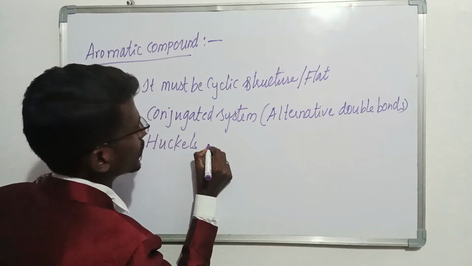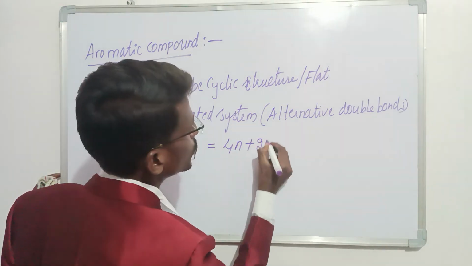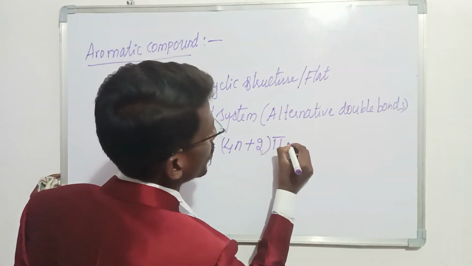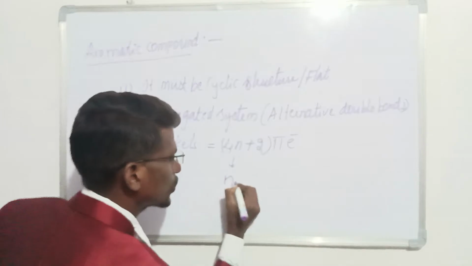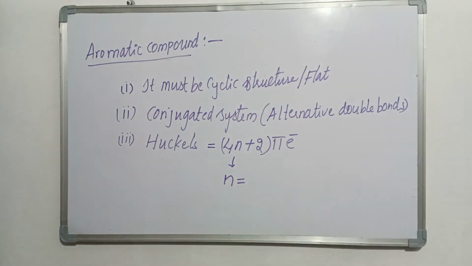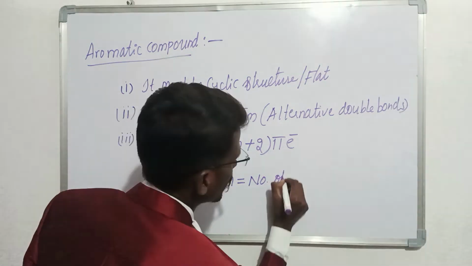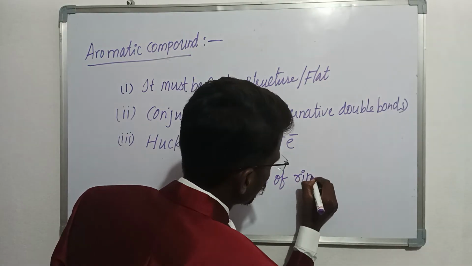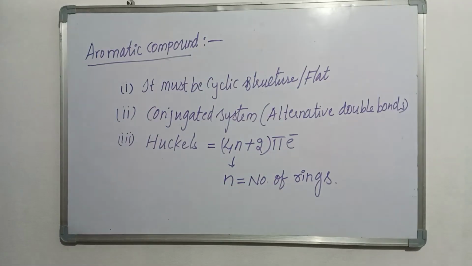Huckel's rule equals 4n plus 2 pi electrons. So what is n? n equals the number of rings.